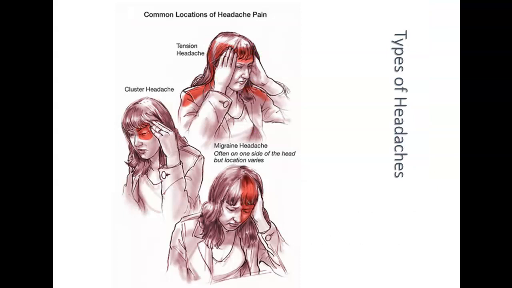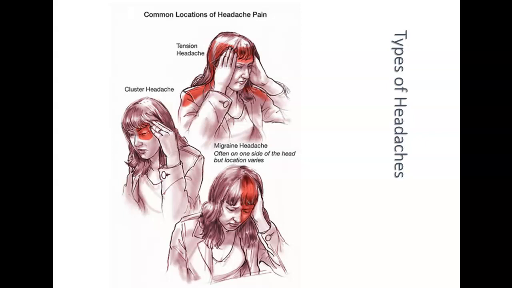So, common locations of headache pain. For a tension headache, this is often like a band around your head. You may feel it down the back of your neck, at the base of your skull, down into your shoulders. You feel tight, tense, and it is painful. You can also have cluster headaches.